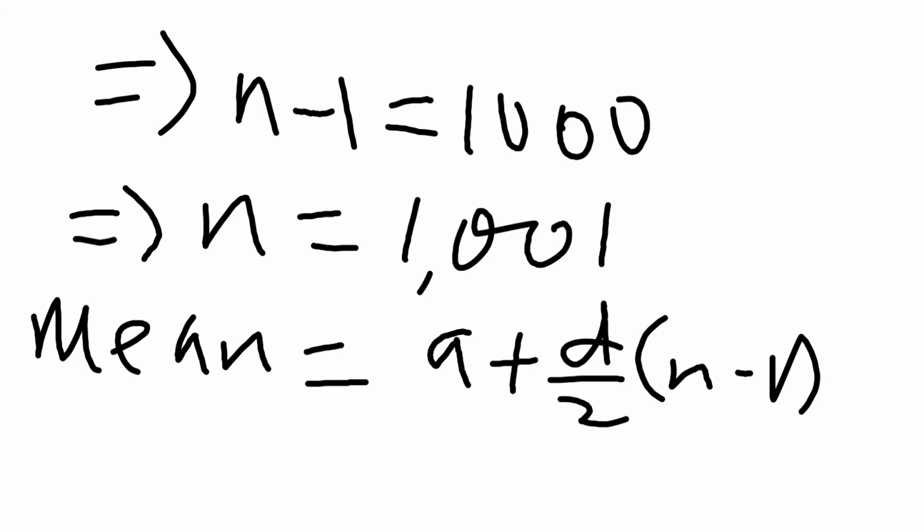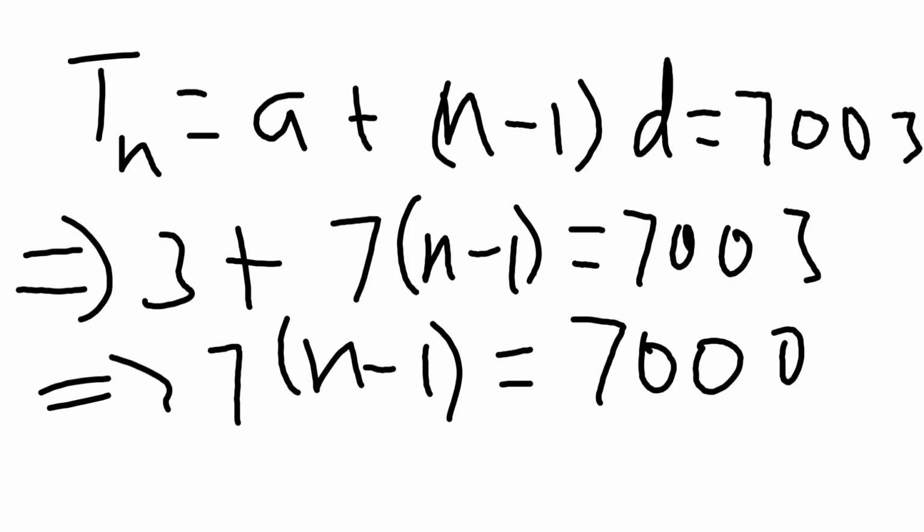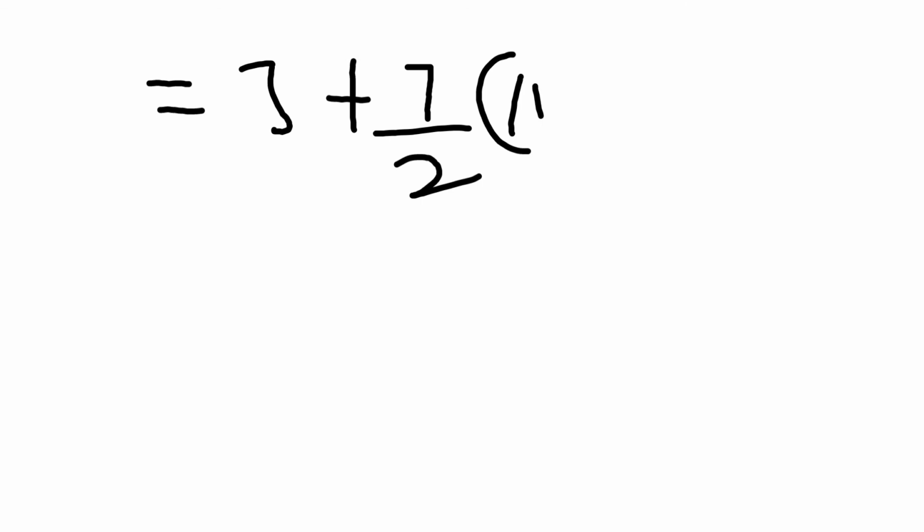So that means that the mean is equal to a, which is 3, plus d, which is 7, over 2 into 1001 minus 1.